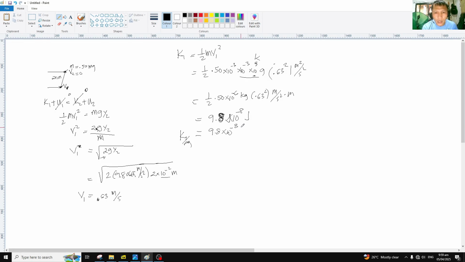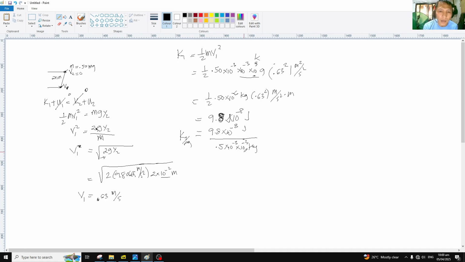And joule is kilogram meters per second squared meter. Pabayanta na lang. Sorry. Control Z. Joule na lang. Tapos divided by 0.50 times 10 to the negative 3 times 10 to the negative 3 kilogram. So sugad na diretso ko nala.